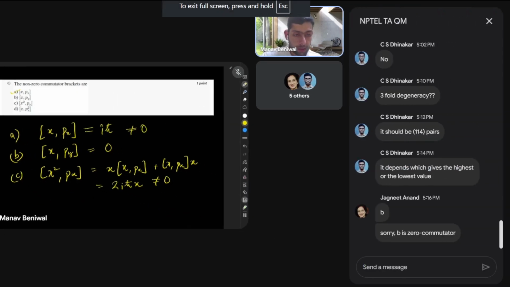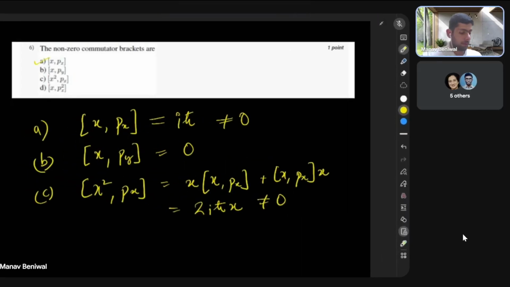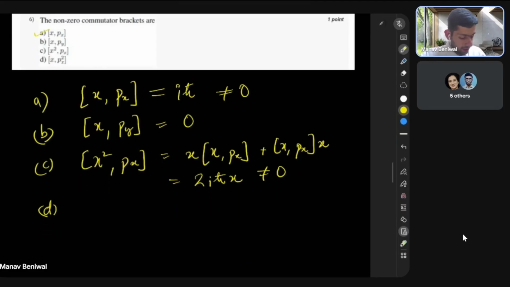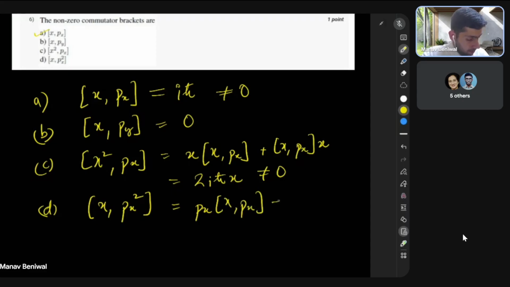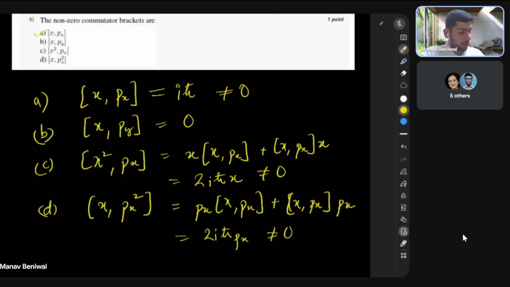And finally we have x comma px squared. Using the same rule, we can write px times x comma px plus x comma px commutator times px, which is 2 iota h cut times px, again non-zero.